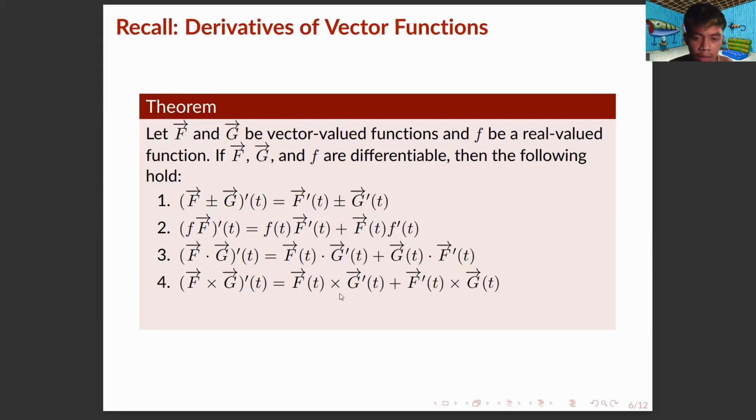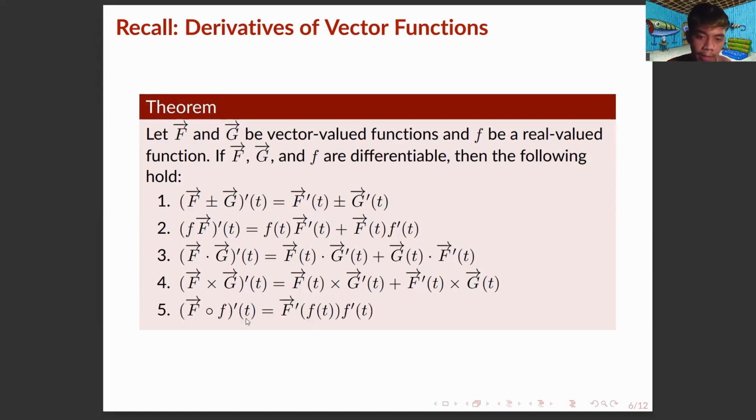So for number 4, be careful of its form. This order should be followed since cross product is not commutative. For number 5, we have the derivative of the composition of f and real-valued function small f. So that is equal to f prime of small f of t times small f prime of t.